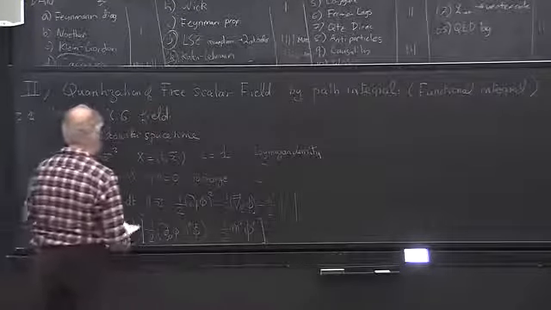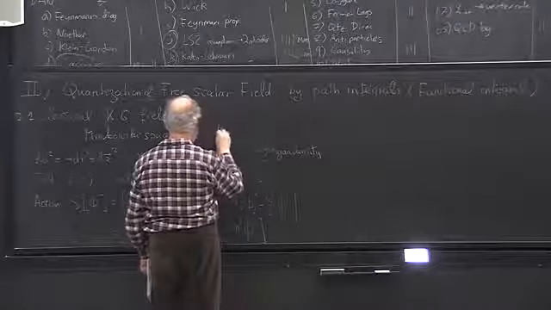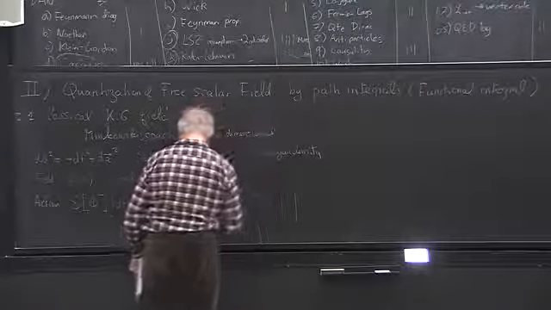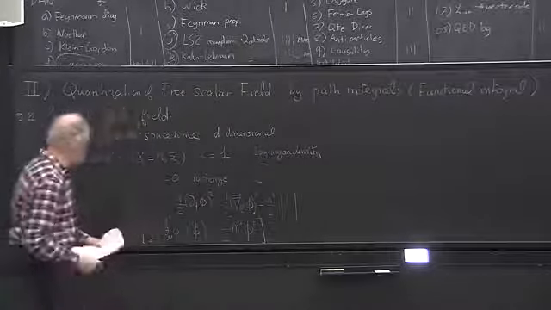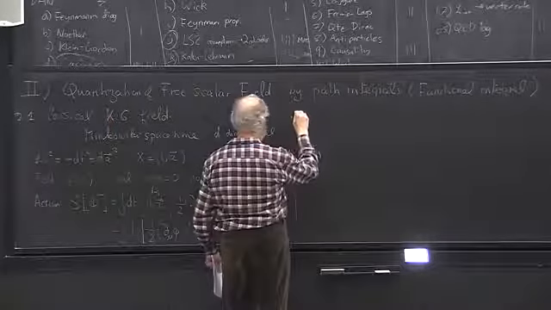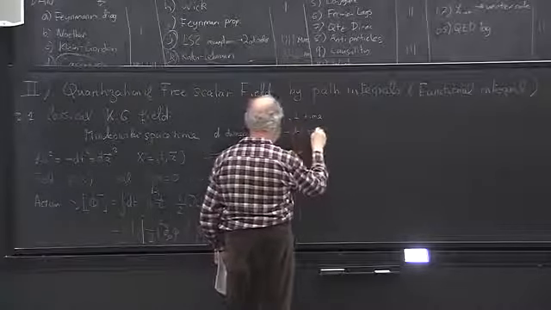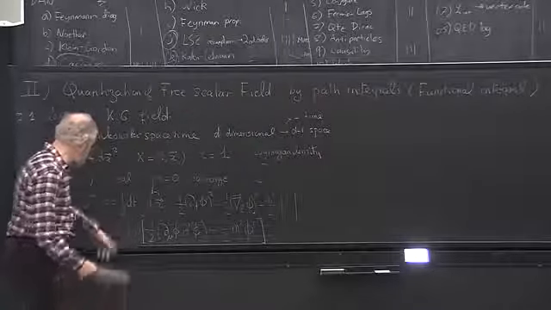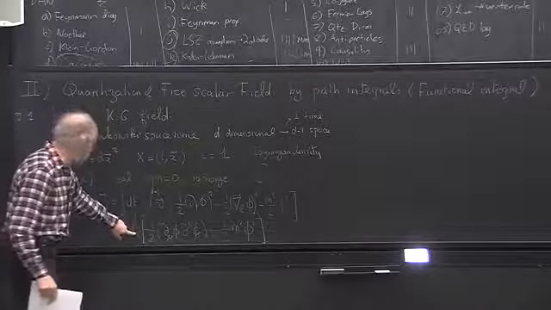Okay, and here I assume that my spacetime is d-dimensional, so space has dimension d minus 1. And in this form, it's clear that this is a volume element in d-dimensional Minkowski spacetime.